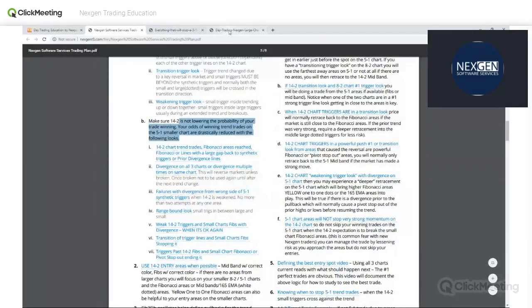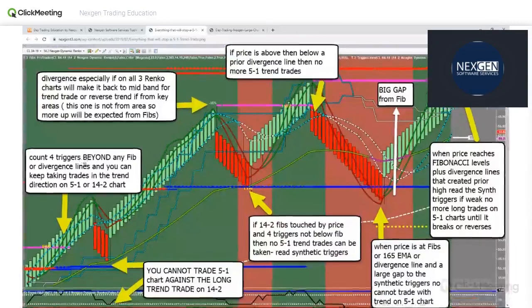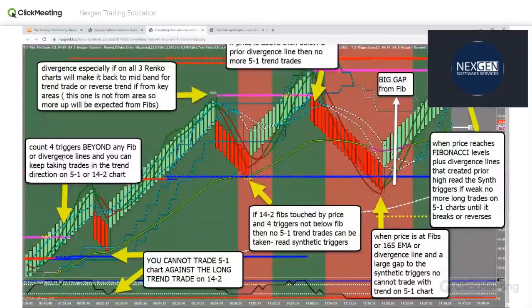Doesn't mean that it will never go up, but if you can count 4 triggers beyond any fib or divergence or even mid-band on a big chart, you can keep taking trades in that direction. If you get to a mid-band or fibs or whatever, and you don't have 4 trigger lines beyond the area, usually it is going to cause more of a bounce.